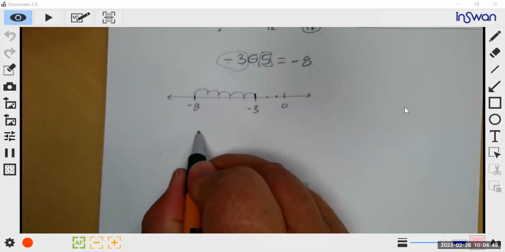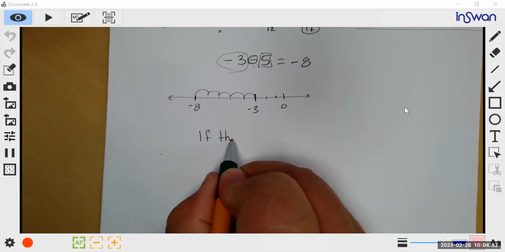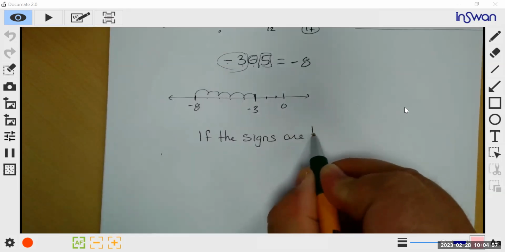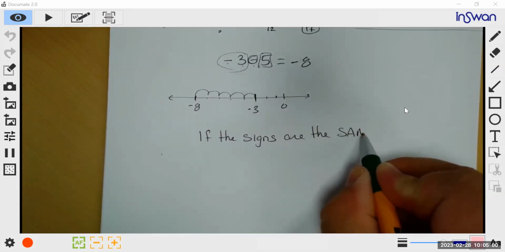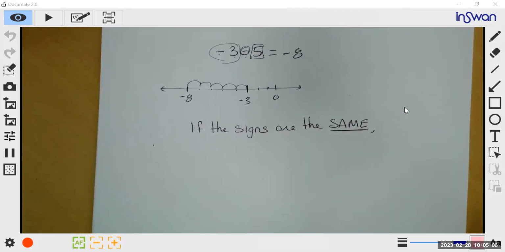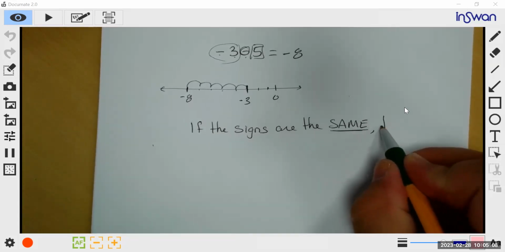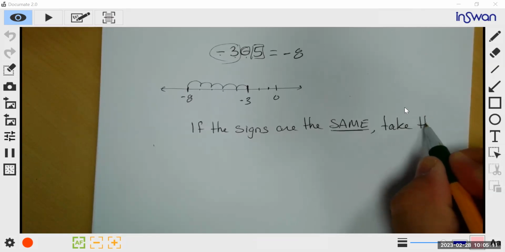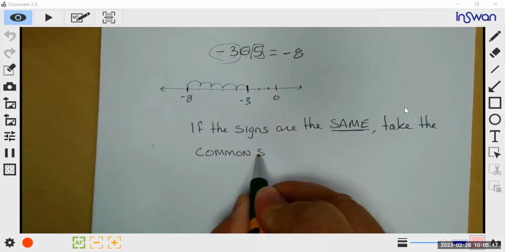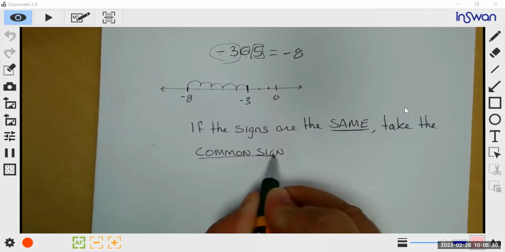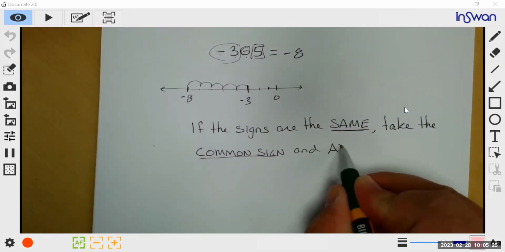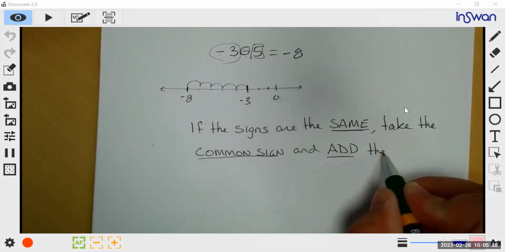Here it is. If the signs are the same, take the common sign and add the numbers.